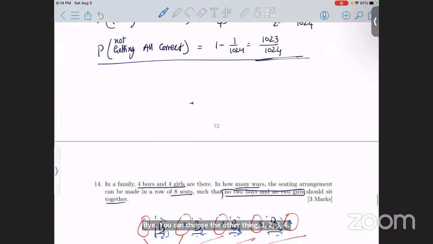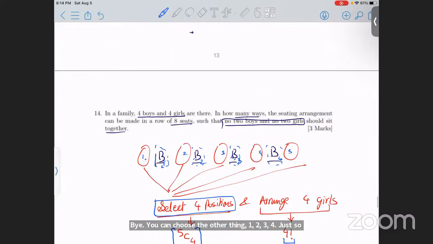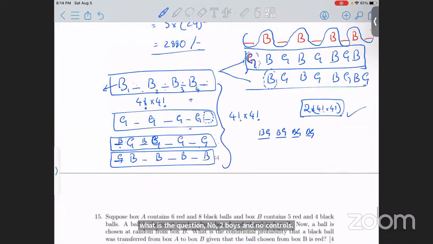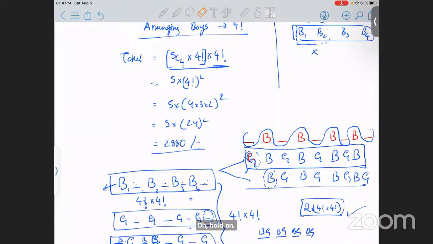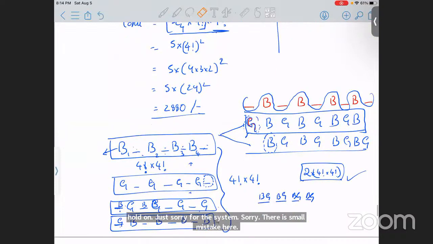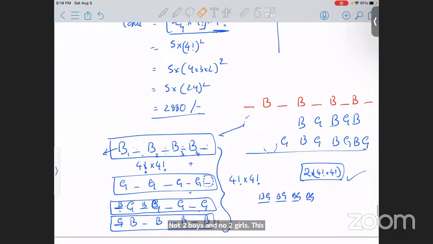Just stop. What is the question? No 2 boys and no 2 girls. Okay, hello, sorry for the disturbance. There is a small mistake here. No 2 boys and no 2 girls. Just wait.